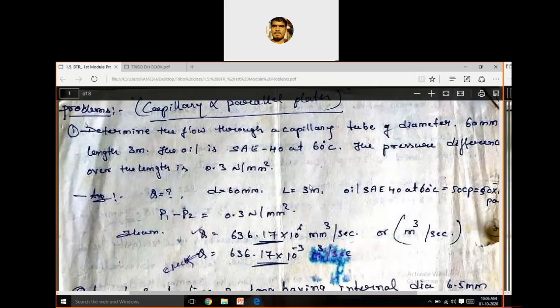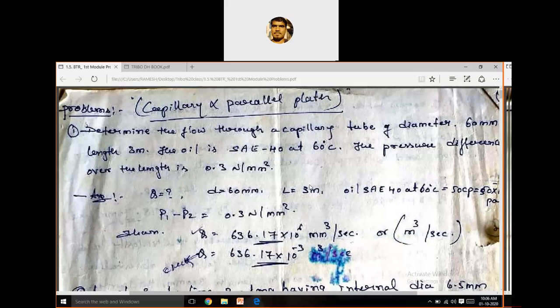Determine the flow through a capillary tube of diameter 60 mm and 3 meter in length.